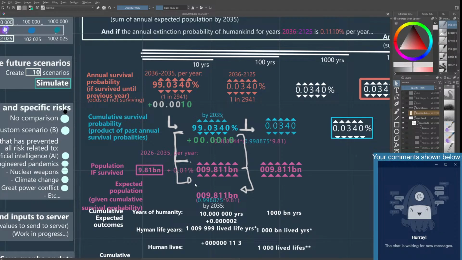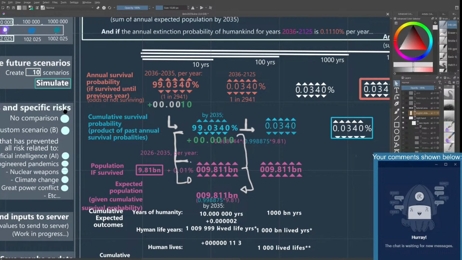If we have this variable of population if survived, it doesn't really work for this expected population at different values.